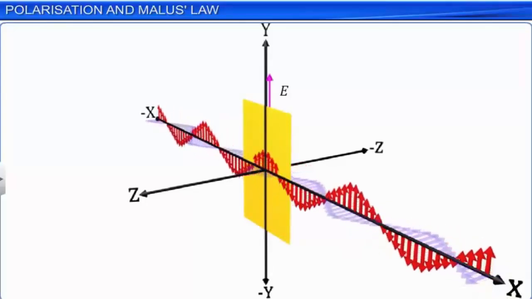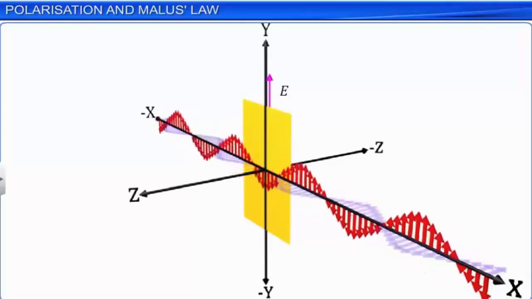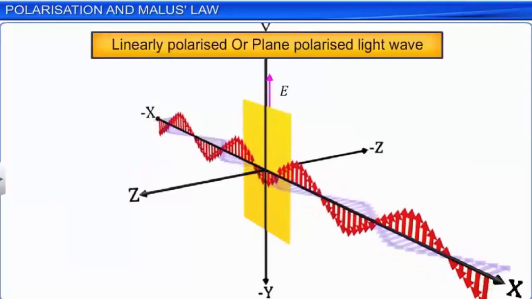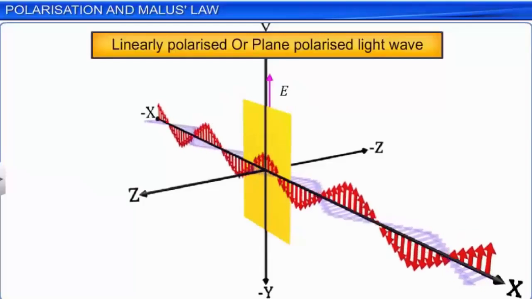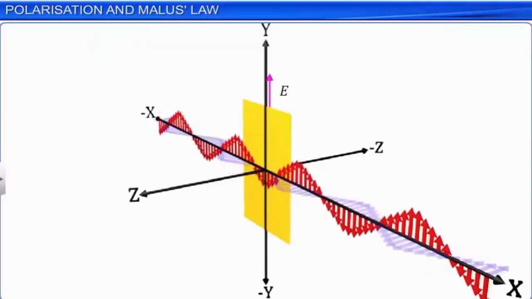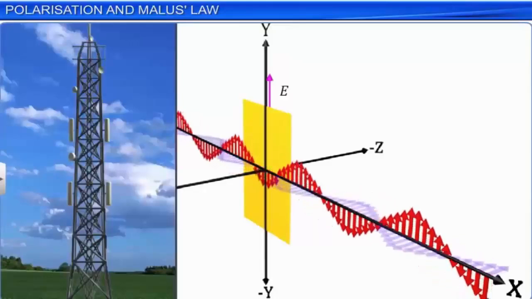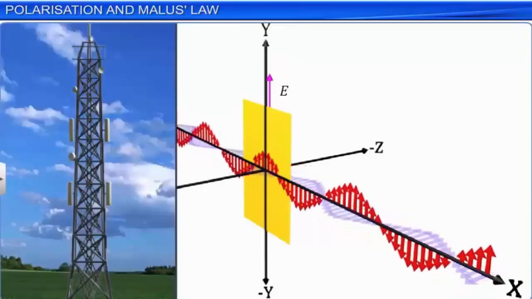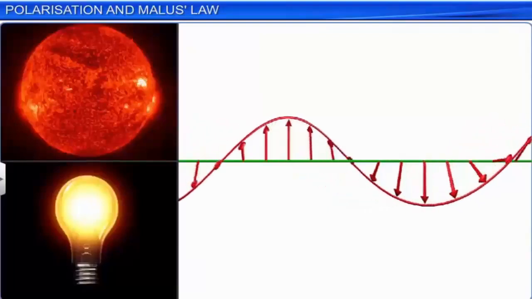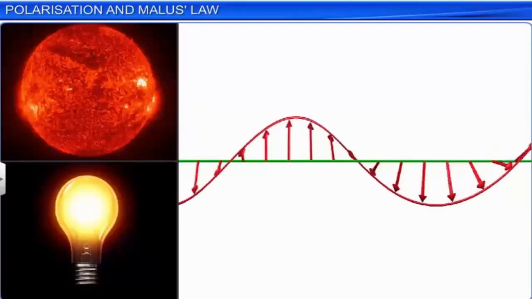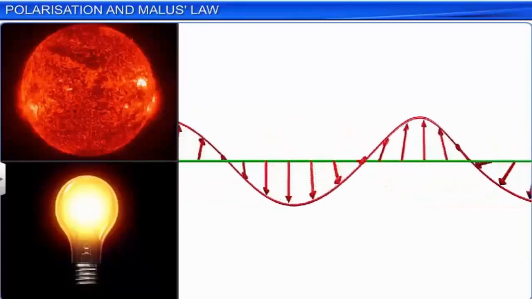If E field remains in a fixed direction, then the wave is said to be linearly polarized or plane polarized. The electromagnetic waves used for radio and TV transmission are plane polarized. The light from sources like the sun or an incandescent light bulb do not show single plane polarization.